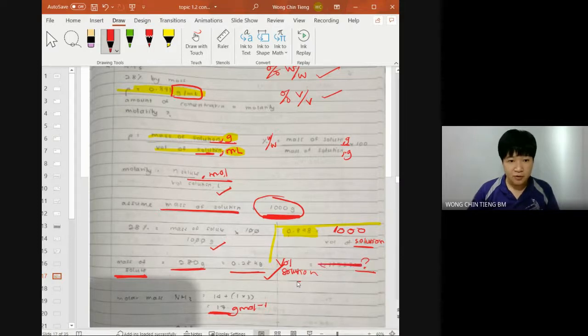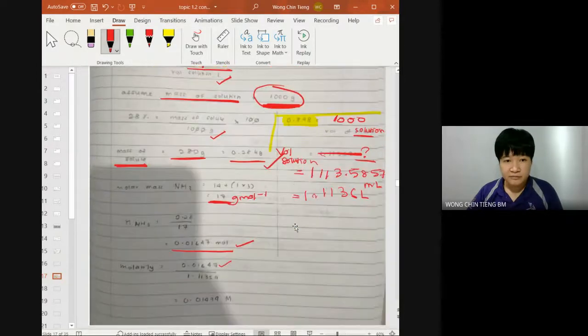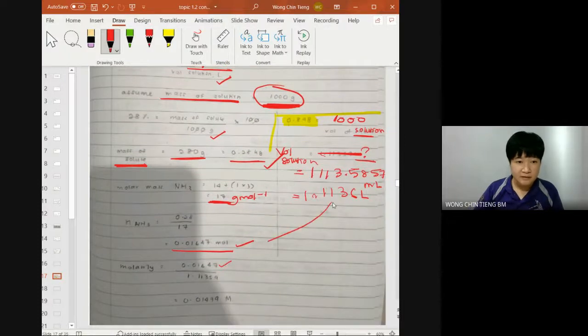Dia akan dapat volume of solution calculated is 1113.5857 milliliter, which will then equals to 1.1136 liter. Okay? Alright? Lepas tu, masukkan yang ni. Alright? Kamu akan dapat jawapan akhir yang sepatutnya sama dengan kawan kamu.